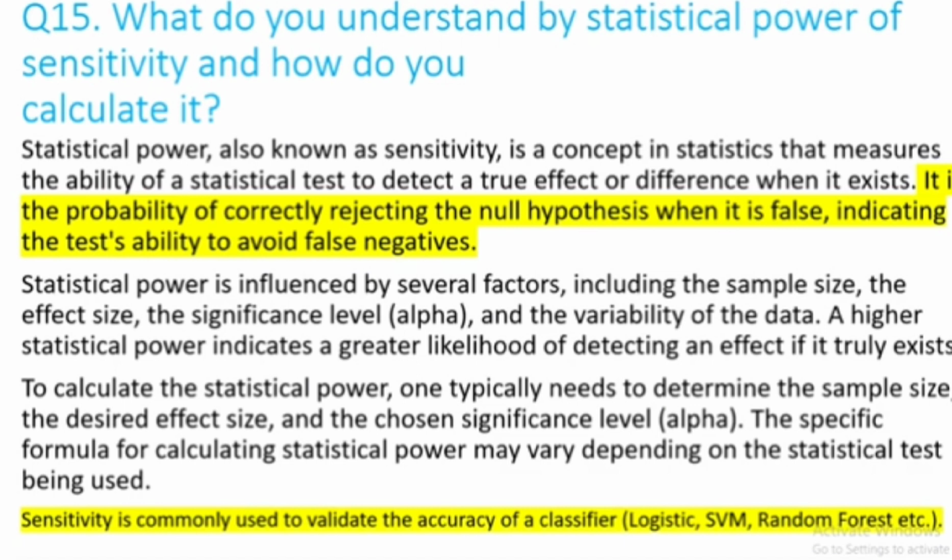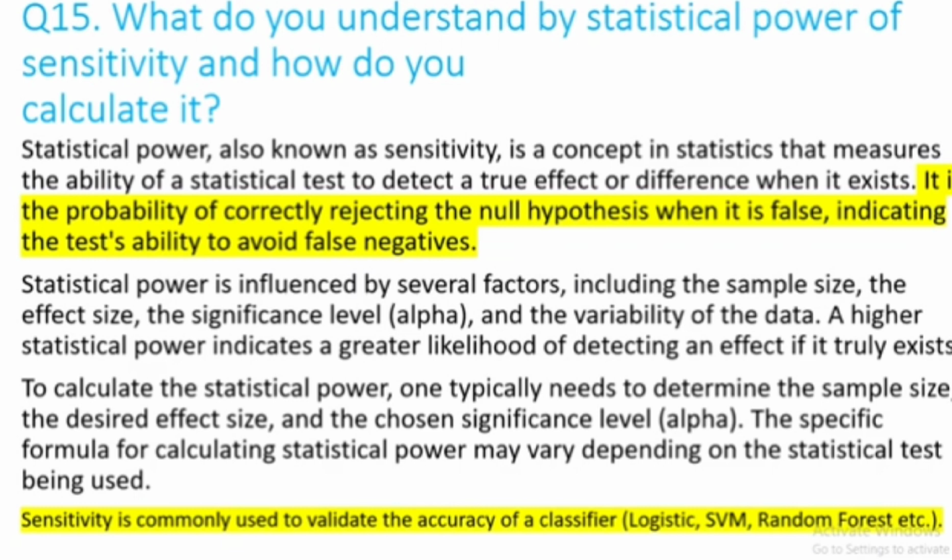It is the probability of correctly rejecting the null hypothesis when it is false, indicating the test's ability to avoid false negatives. The statistical power is influenced by several factors, including the sample size, the effect size, the significance level, alpha, and the variability of data. A higher statistical power indicates a greater likelihood of detecting an effect if it truly exists.